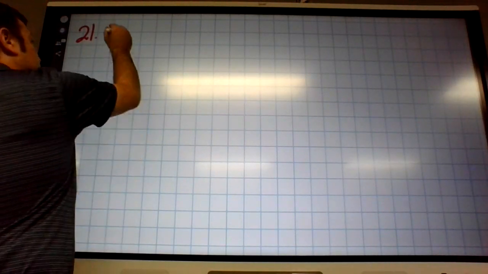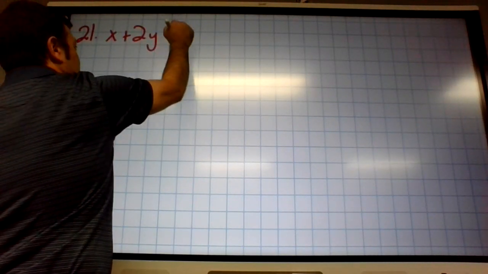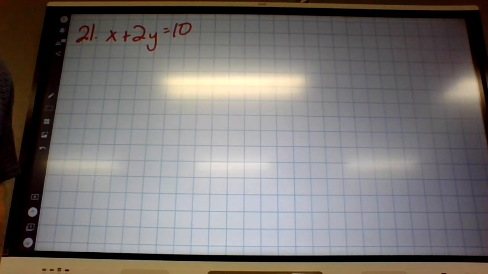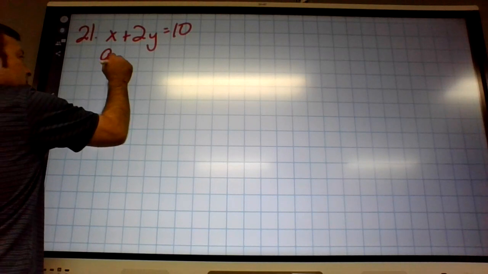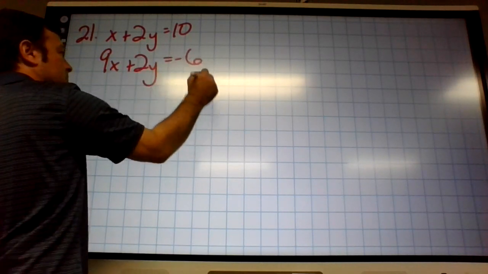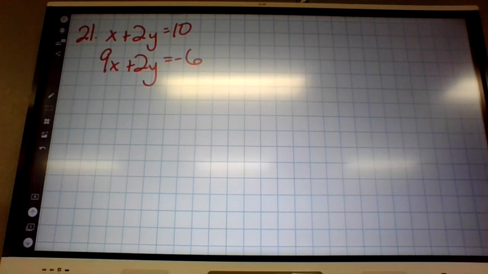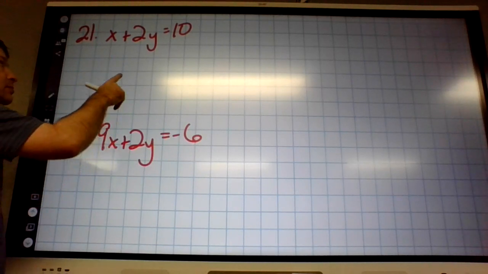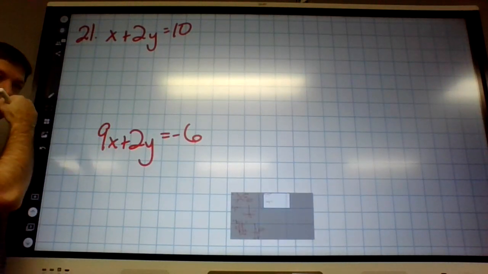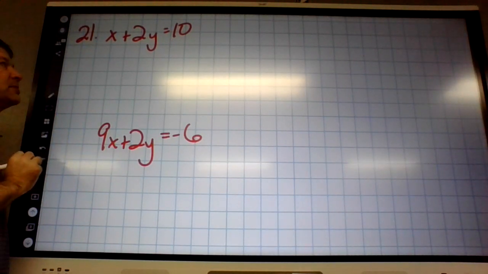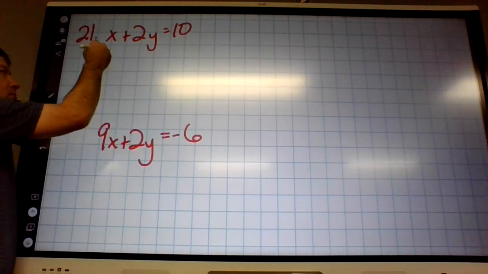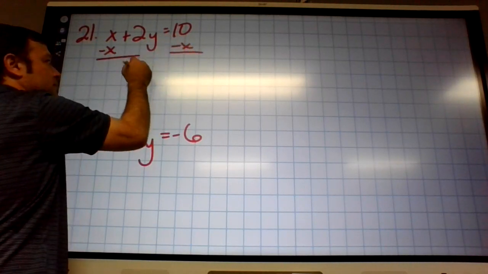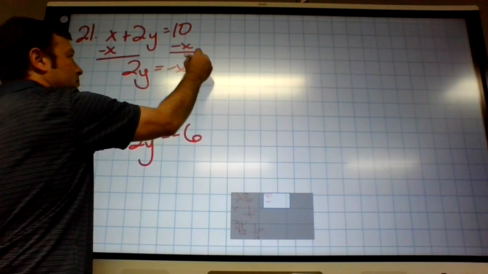X plus 2y equals 10. And 9x plus 2y equals -6. Alright. Moses, what should I do on this first one? You change it into the slope intercept. So what should I do? You subtract x and then divide everything by 2.